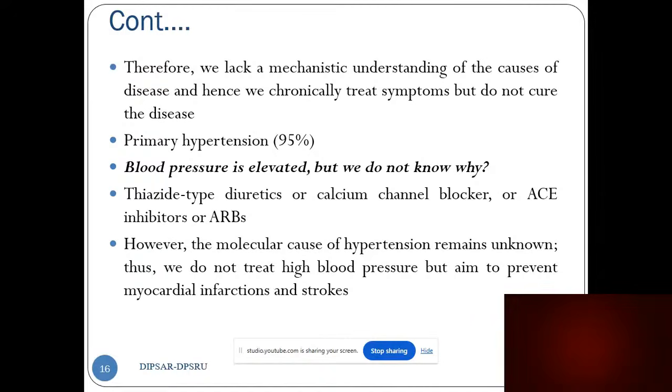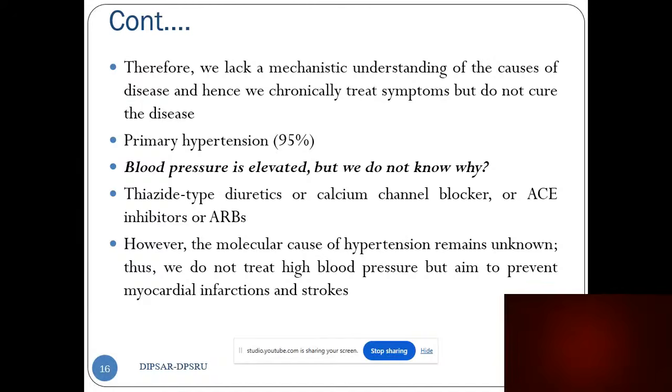And when we talk about the pathogenesis of the disease, any disease, and most of the diseases which are associated with lifestyle disorders, like many of you are working on, maybe working on diabetes, hypertension, and so on.